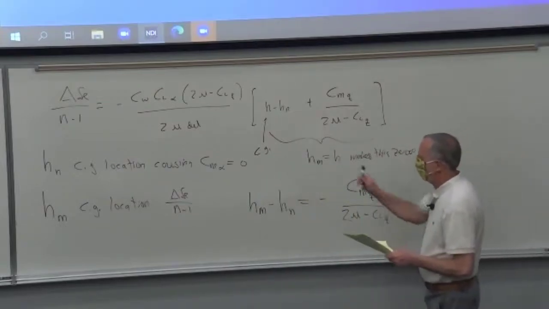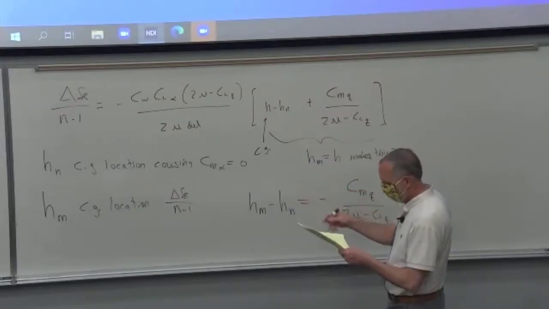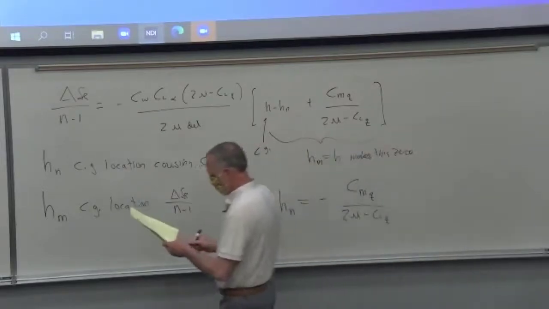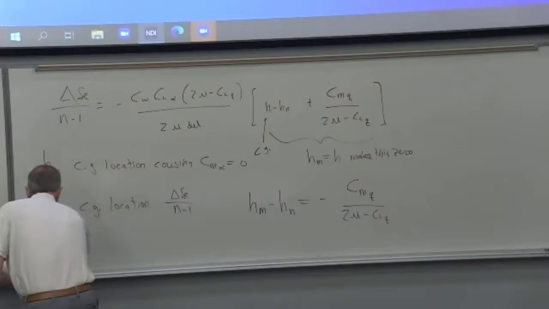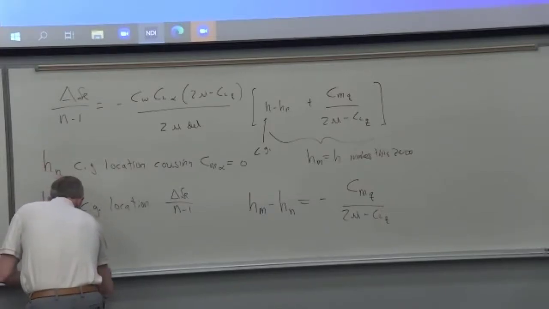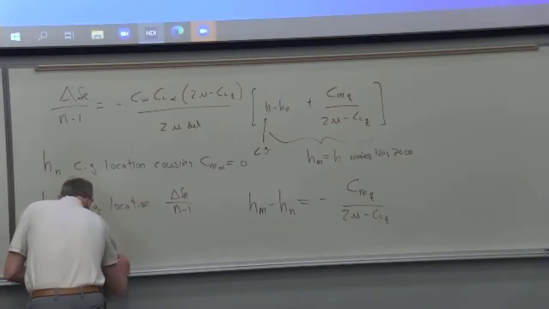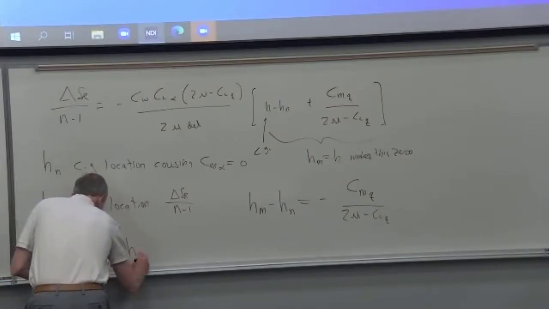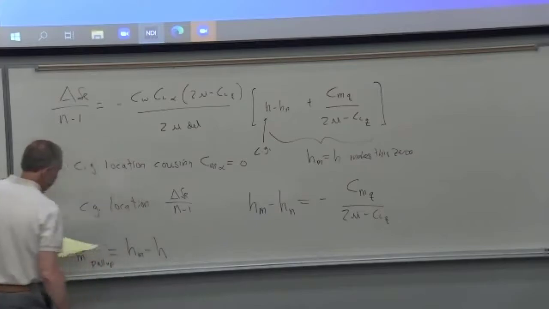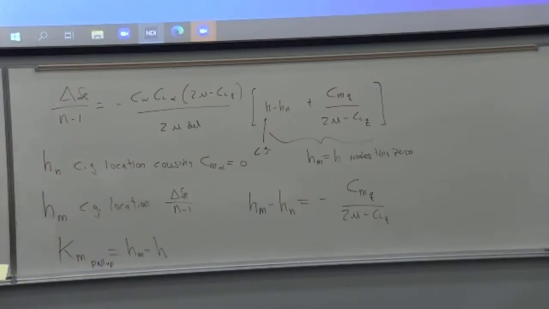And so just like the CG location neutral point, it's called the maneuver point. And we can have a maneuver margin, K sub M, for a pull-up. It's how far the CG is in front of this maneuver point.